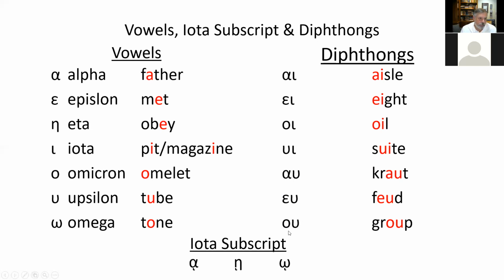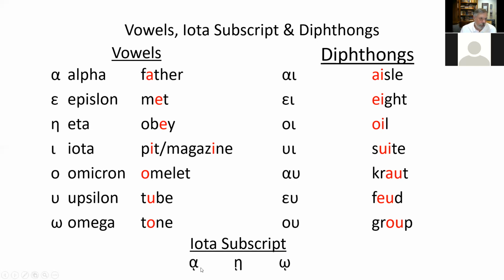These are the combinations: the omicron upsilon, pronounced as in "group," oo. The epsilon upsilon, as in "feud." And the alpha upsilon, as in "sauerkraut," ow. So these are diphthongs, and they just function as a single vowel sound, okay?